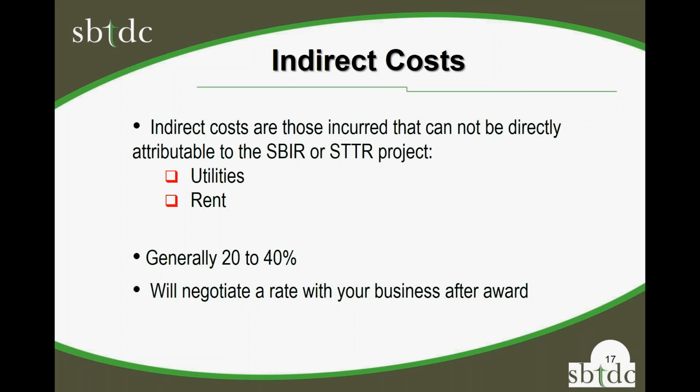Once you receive your first phase one award, the federal agency will come back to you to negotiate this indirect rate with you. So when you submit your proposal and your initial budget, you will calculate a percentage, and then after it's awarded, they'll come back and make sure that that percentage is as accurate as possible.